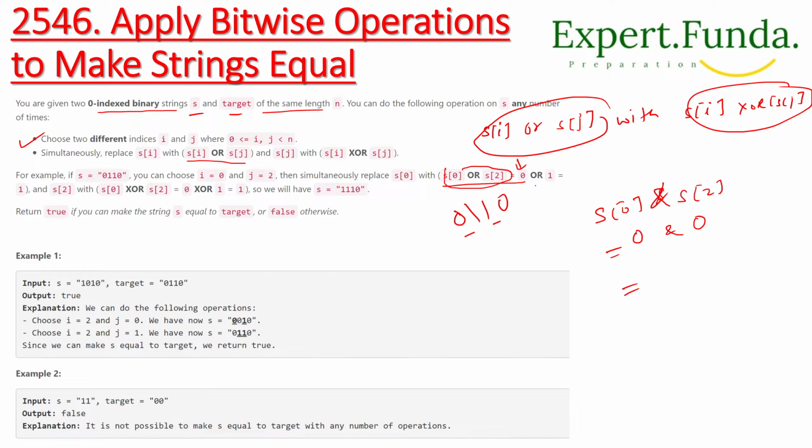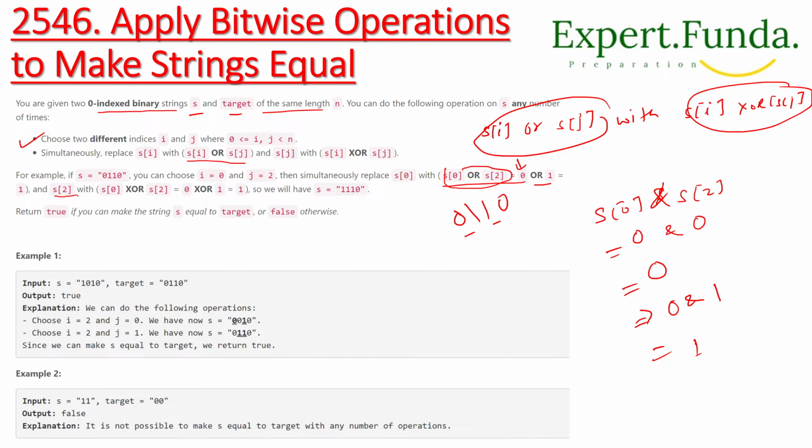Then you can apply OR again with some other value, and the result will change accordingly. Like this, when we get 1, we apply it.